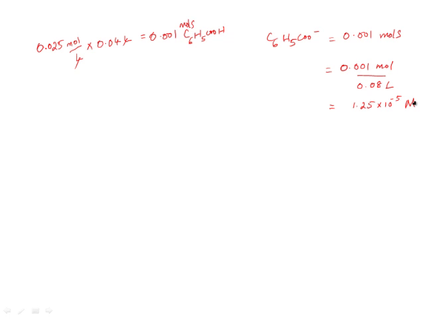We need the Kb for that reaction. So how do we calculate the benzoate ion's Kb if we are given the Ka? It's the opposite of what we did in the previous problem. Previously we were given Kb and wanted Ka, but here we have Ka and want Kb. So we take Kw divided by whatever is given, which is the Ka. So let's get the Kb.